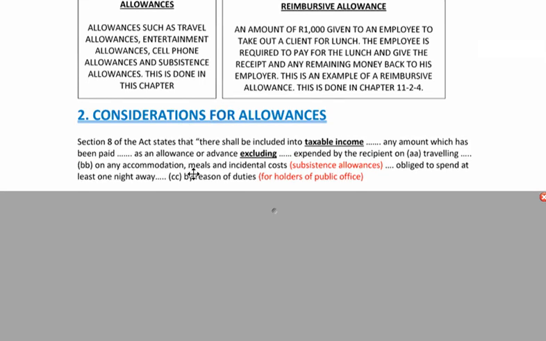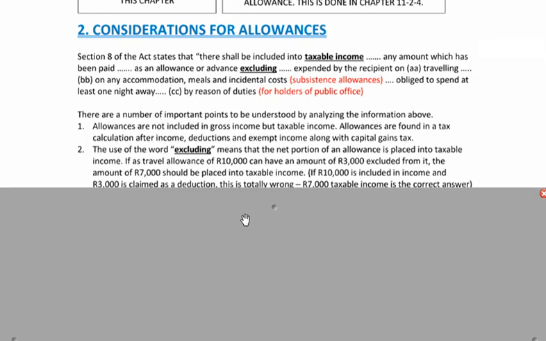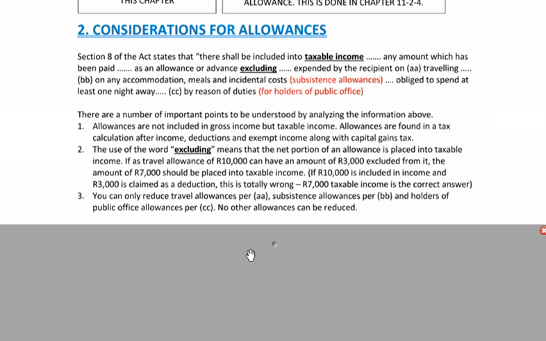Looking at the notes, let's go through that. Number 1, allowances are not included in gross income but in taxable income. Allowances are found in a tax calc after income, deductions, and exempt income, along with capital gains tax. 2, the use of the word excluding means that the net portion of an allowance is placed into taxable income.